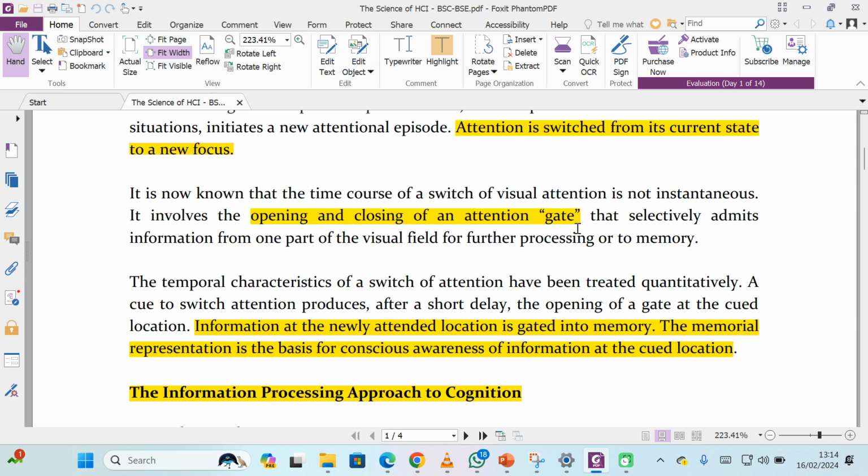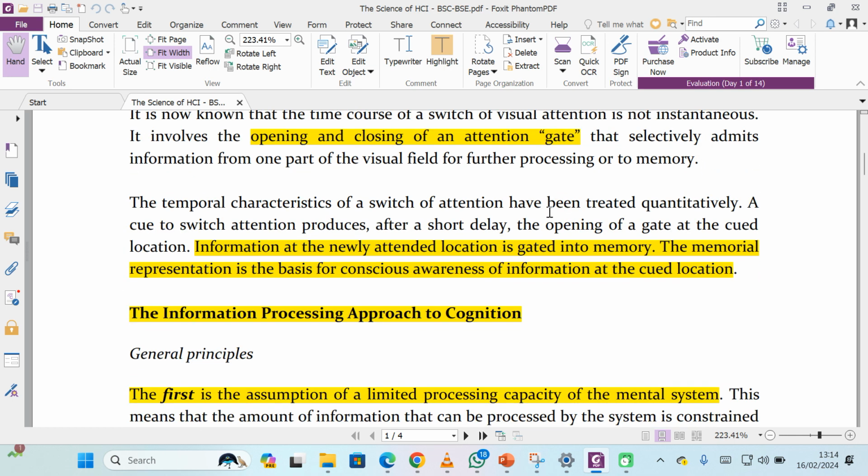Then whatever information your eyes, your ears, your skin are trying to pull into your memory, after it is done putting it into memory, it closes the attention gate. Then further information is processed within your brain before you are able to accomplish that particular task.